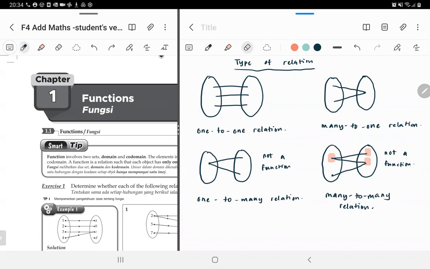If it asks about the reason, then you will need to write: the relation is a function, or not a function, because each object has only one image.